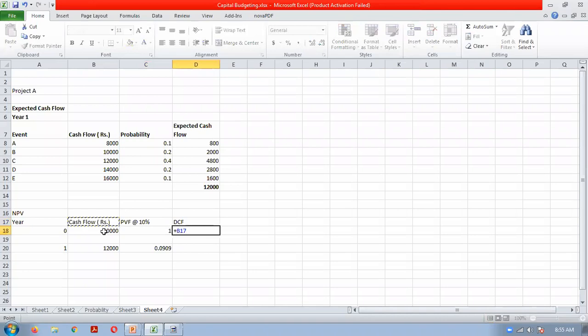So discounted cash flow is this into this, and 12,000 into 0.909. So your NPV for this project A will be 908. Okay, NPV.